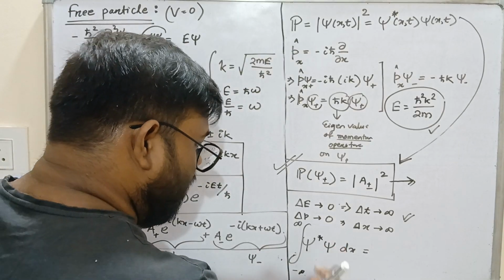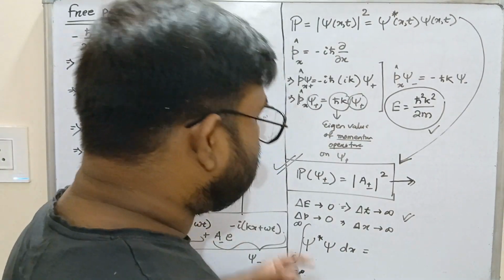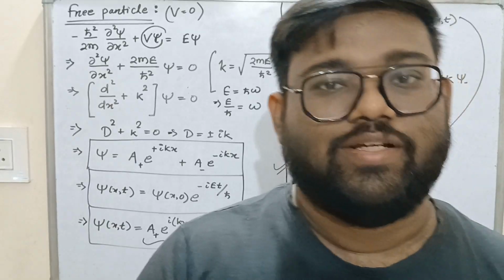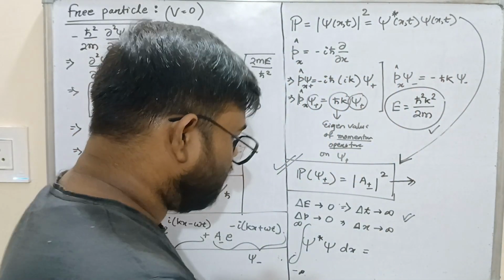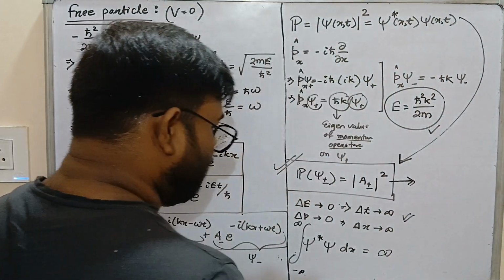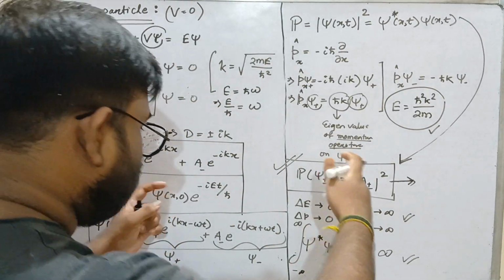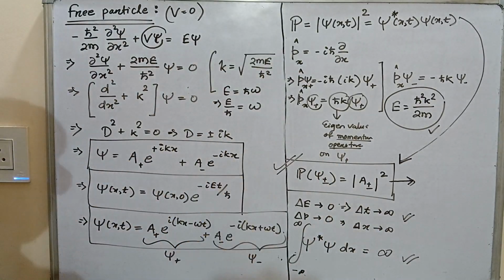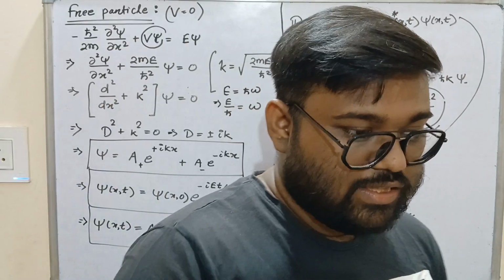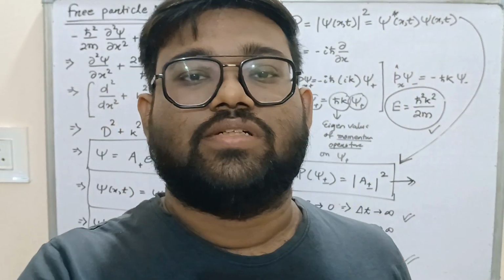Now you have to integrate dx from minus infinity to plus infinity, which will give you infinity. So this goes to infinity. This is another violation. It tells you that this wave function cannot be represented that way.